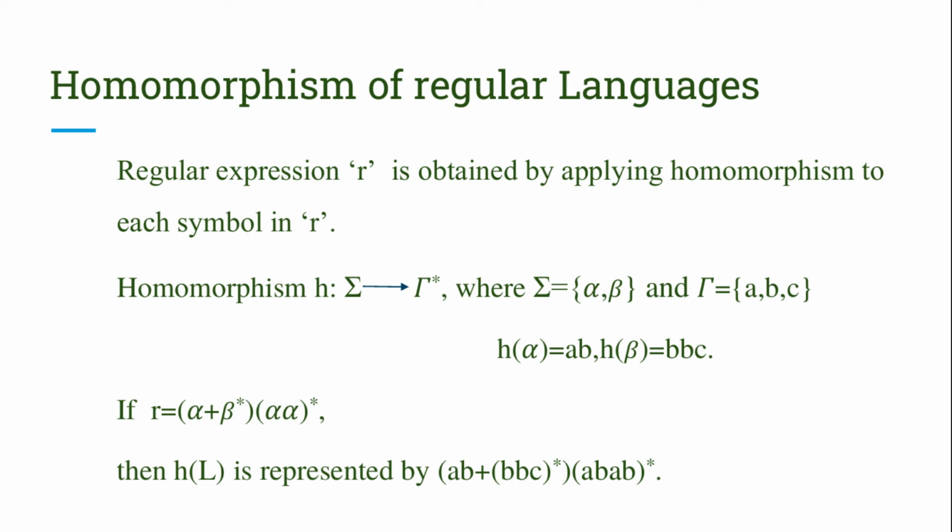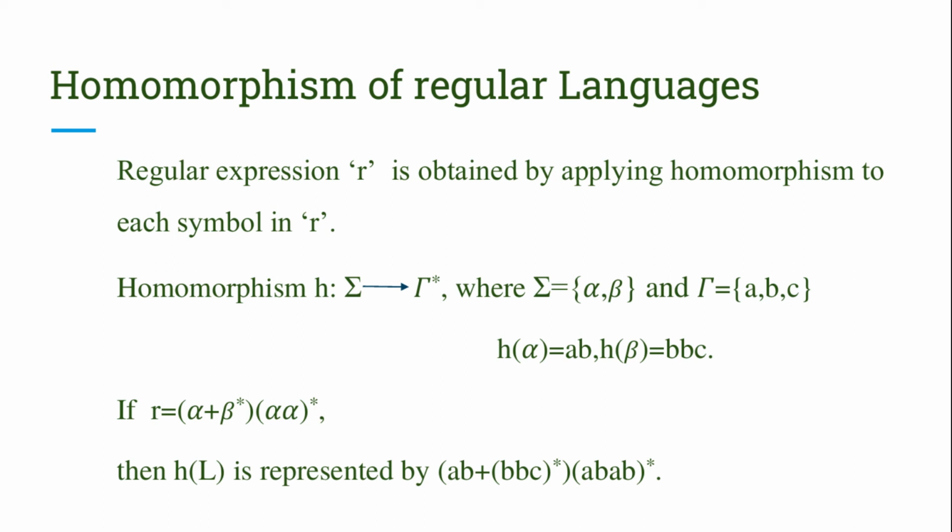Homomorphism for a regular expression R is obtained by applying homomorphism to each symbol in R. For example, consider the function h from the alphabet sigma to tau star, where sigma equals the set alpha, beta and tau equals the set a, b, c.